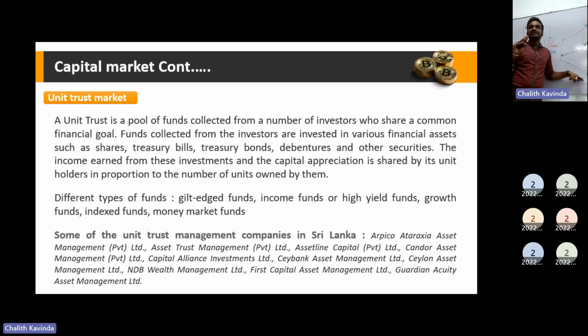If you select a high yield fund, the name itself says high yield: if you want a higher return, definitely the risk is also high. Clear? Good. Then an income fund, where you get a monthly or quarterly income, so the risk is lower. Clear? Good.